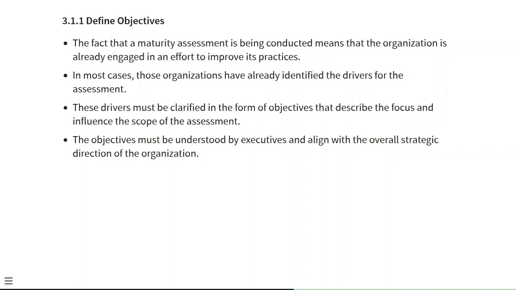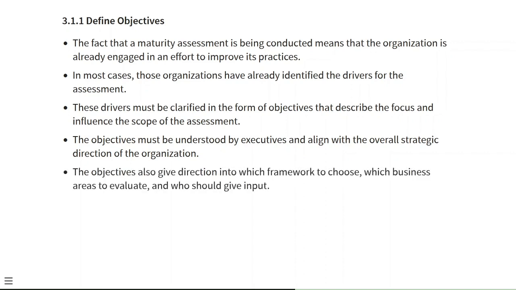The objectives must be understood by executives and align with the overall strategic direction of the organization. The objectives also give direction into which framework to choose, which business areas to evaluate, and who should give input.